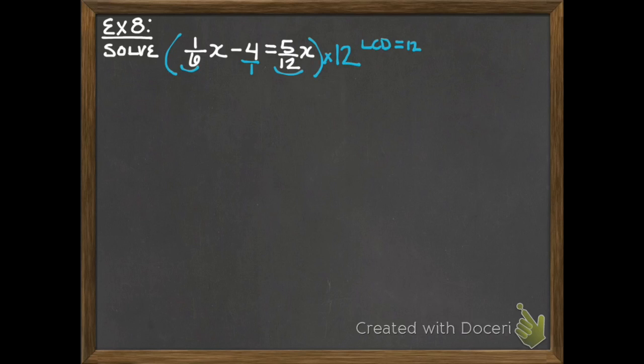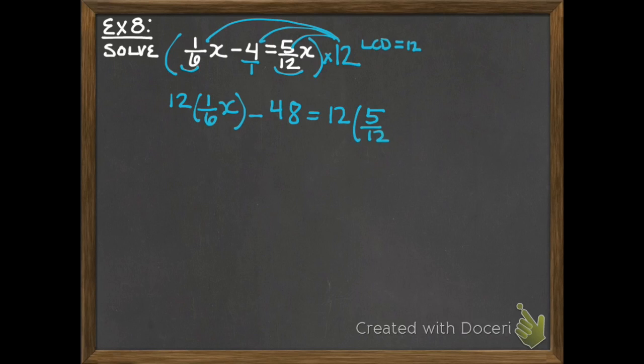So then, whenever I distribute across to each part, that gives me 12 times 1 over 6x minus, so we've got minus 4 times the 12, which is going to give me minus 48, equals, and then I'm going to have my 12 times 5 over 12x.